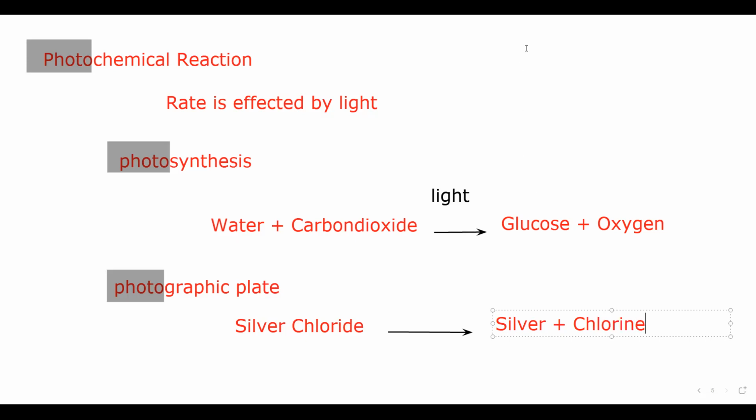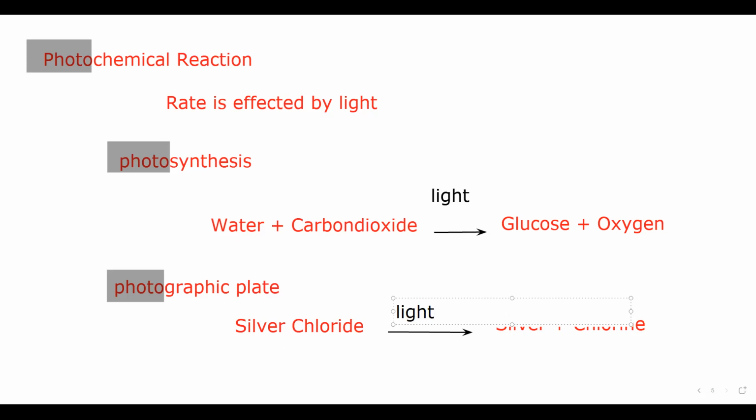So what is the effect of exposure to light on the photographic film? This is also a photochemical reaction. It only happens in the presence of light. A reaction which can take place only in the presence of light, we call photochemical.